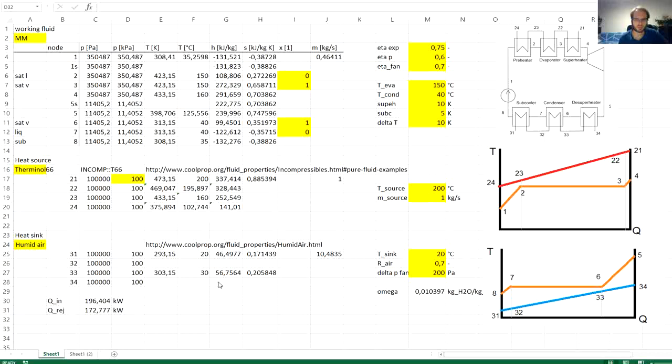Now, in a similar manner as we got the remaining points for the heat source, we can do the same with the heat sink, with the cooling air.